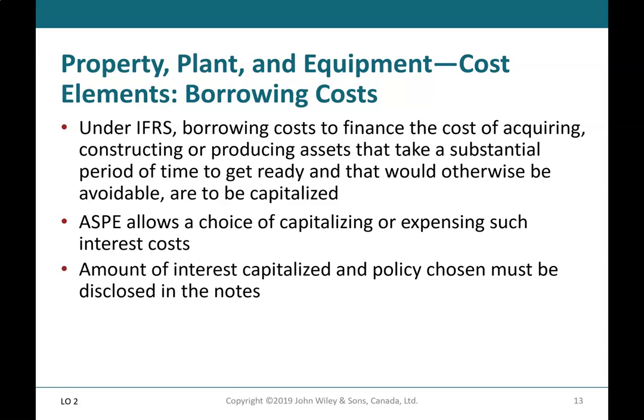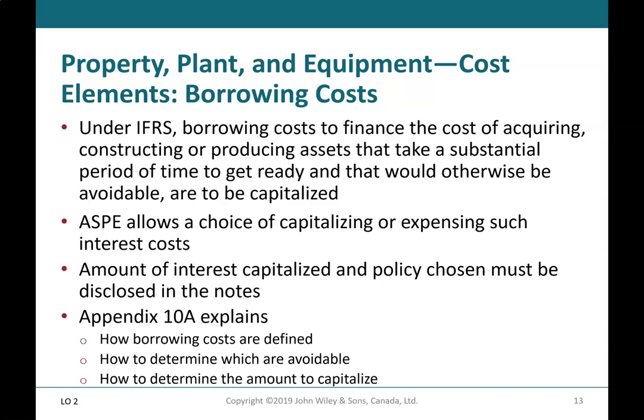The amount of interest capitalized and the policy chosen must be disclosed in the notes. Appendix 10A explains how borrowing costs are defined, how to determine which are avoidable, and how to determine the amount to capitalize.